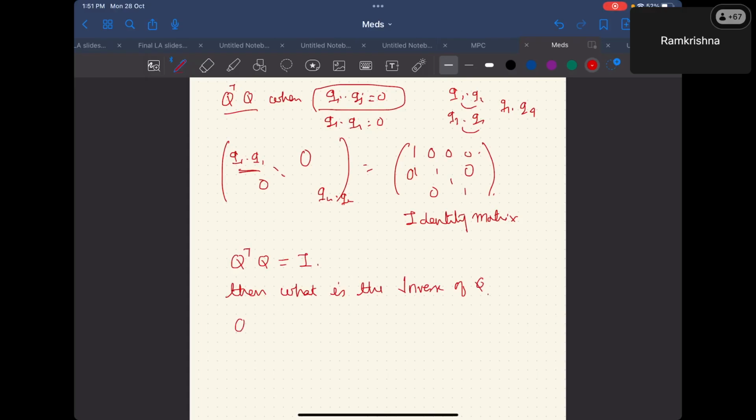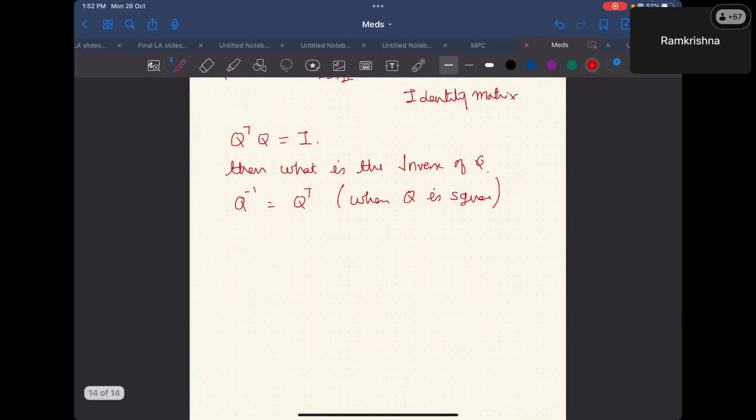So the inverse of Q, based on this, will simply be Q transpose, especially when Q is a square matrix. Okay, so we get back to what was our expression of interest.